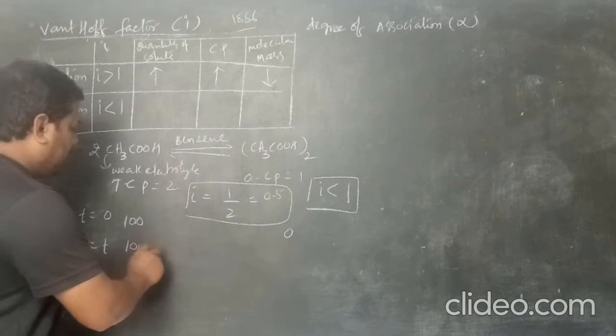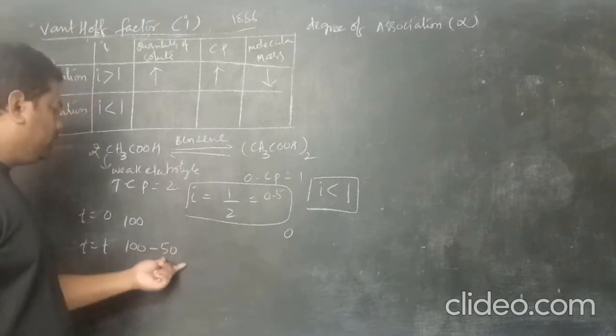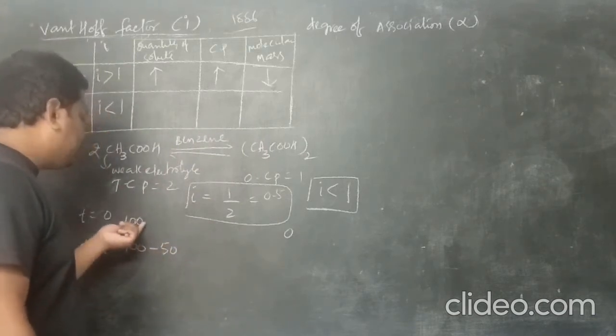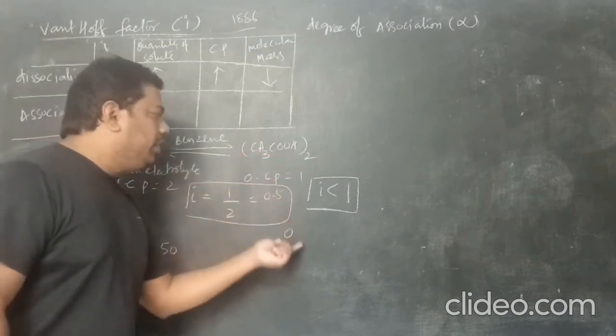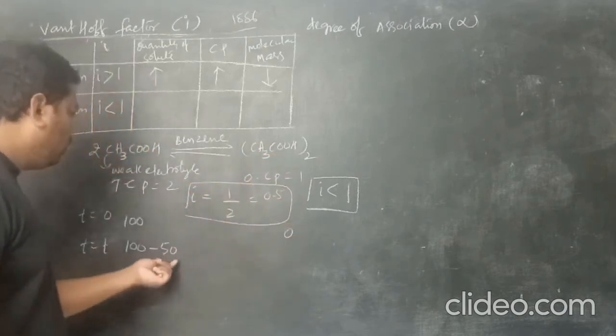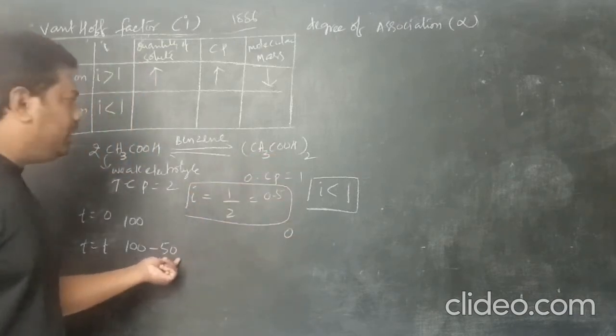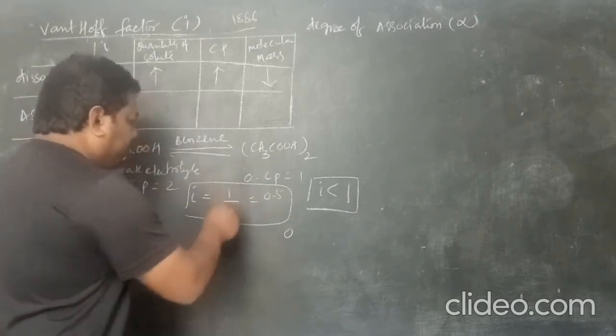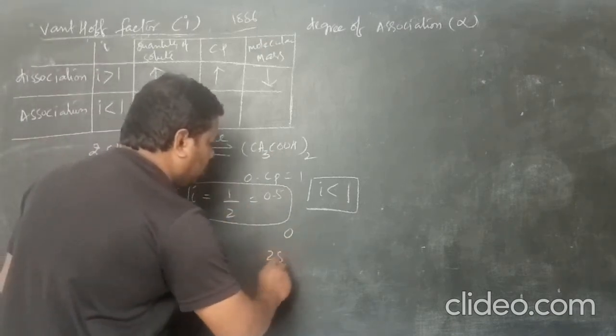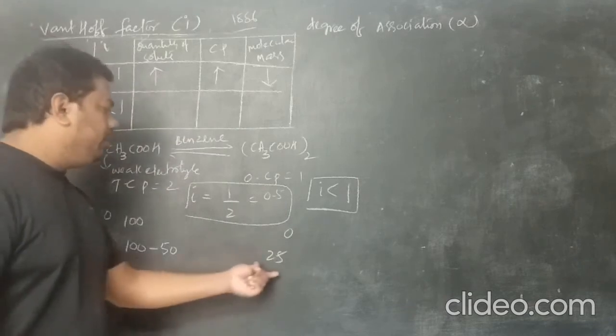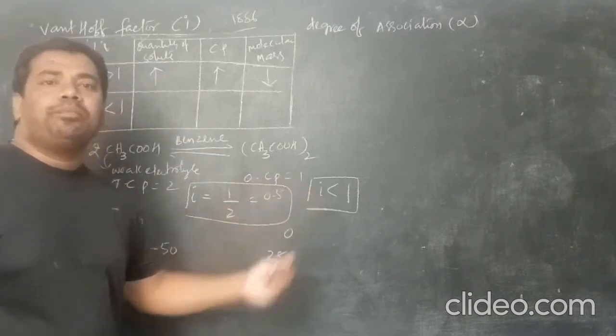So that means 100 minus 50, these 50 molecules are going to be dimerized, that means 50 by 2, which is equal to 25. So 25 molecules are formed by dimerization.